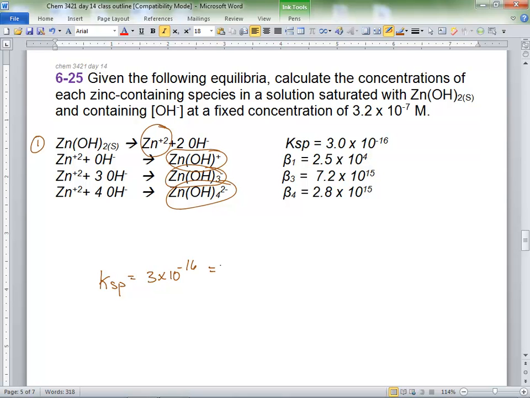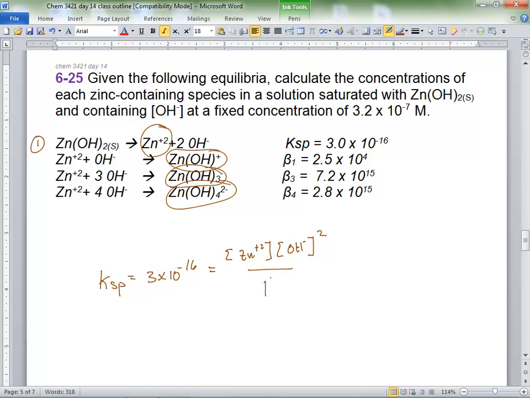Products over reactants, you'd write what, Victoria? The concentration of the zinc 2 plus, and you've got to square it, all over 1.